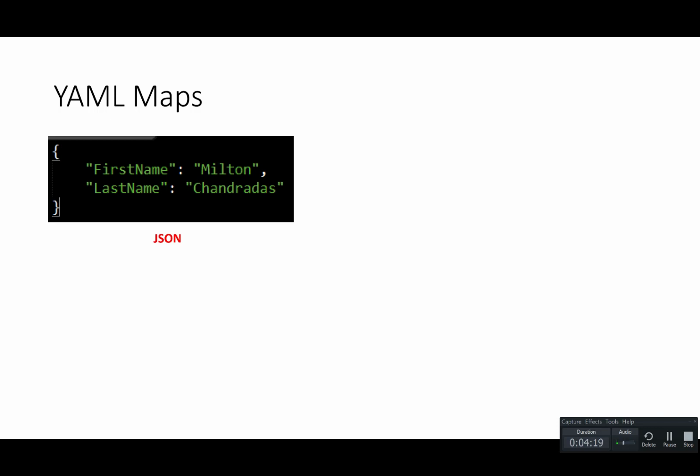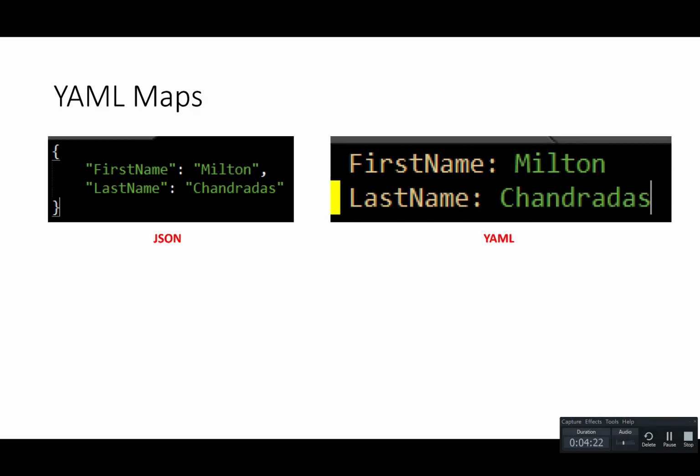Now the corresponding YAML file is a little bit more user friendly, you can read this a little bit better than the JSON file. So here again you have the key value pair, first name Milton, last name Chandradas. This is how this JSON file would get translated into a YAML file.